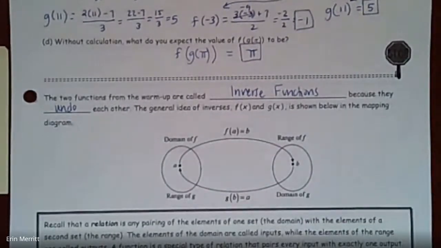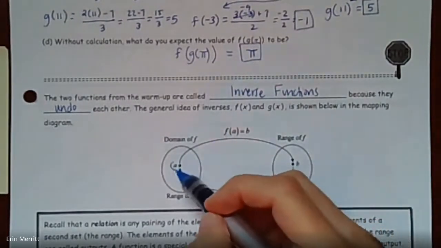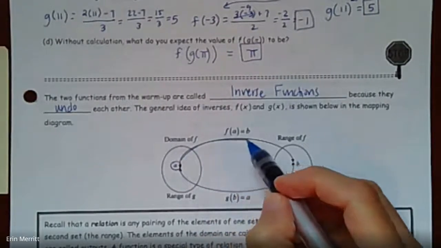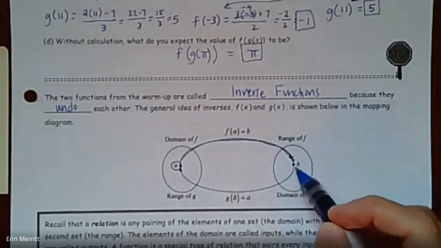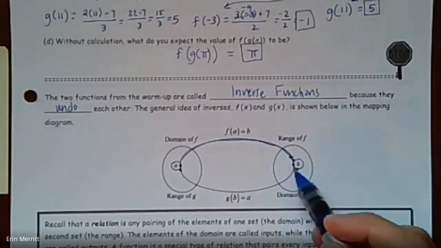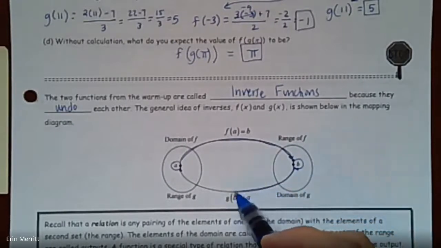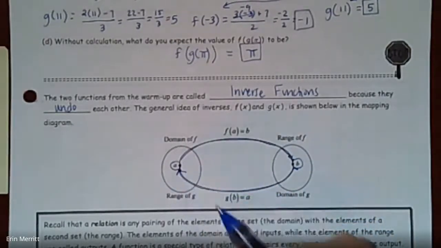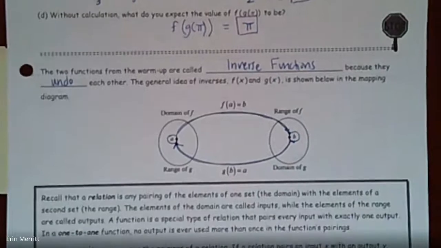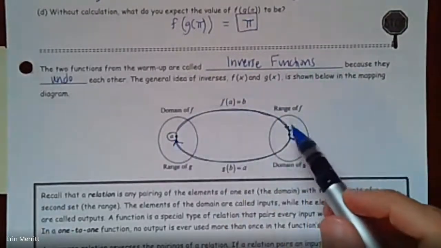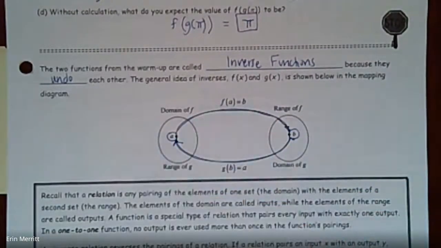So here visually, they kind of show you that if you were to plug in a into the f function, and it gives you out some particular value b, if you then take that b and plug it into the g function, it brings you right on back where you started. So no matter what you plug in, by doing both of those things, so it's like saying add 5 and then the other function subtracts 5. You'll always come back to where you started.